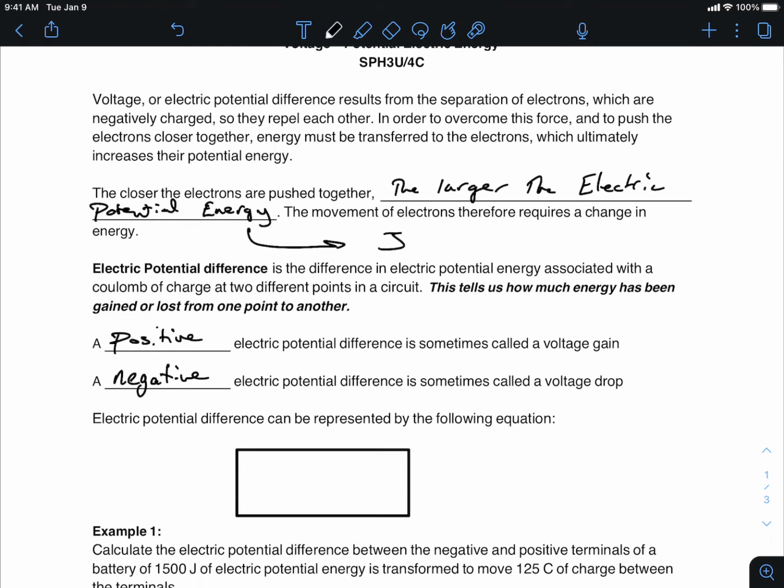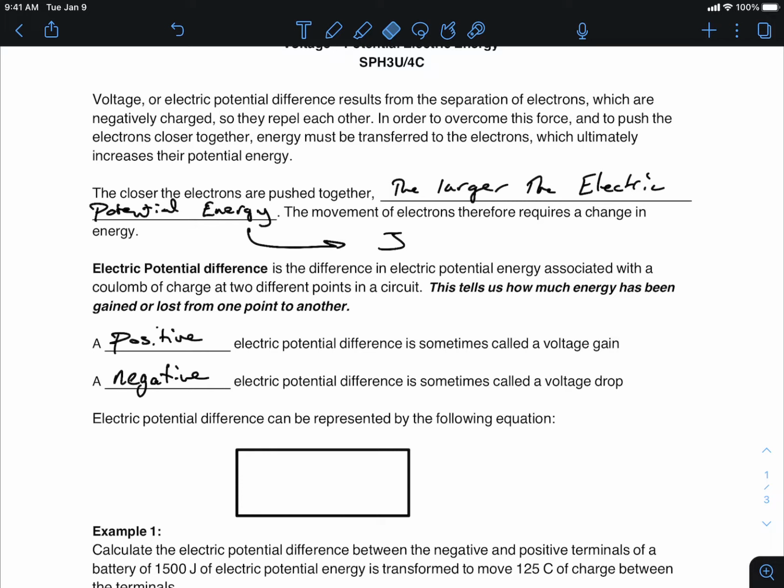So electric potential difference can be represented by the following equation. We've already seen the letter V used for velocity. The way I like to denote this, just to separate it from velocity, because there's not too much of a difference between a capital V and a little v, is to use a capital V to denote electric potential.